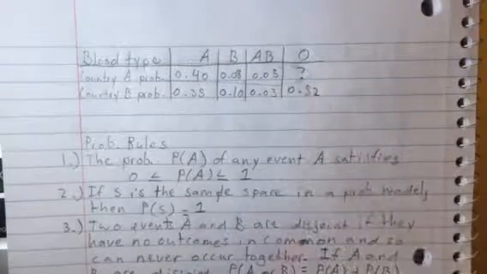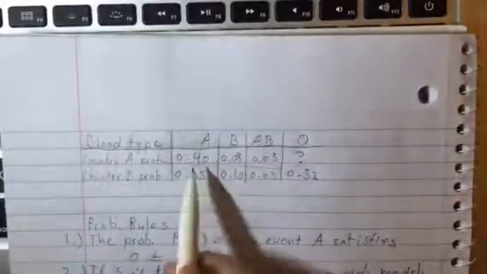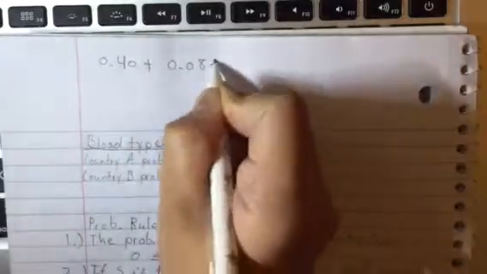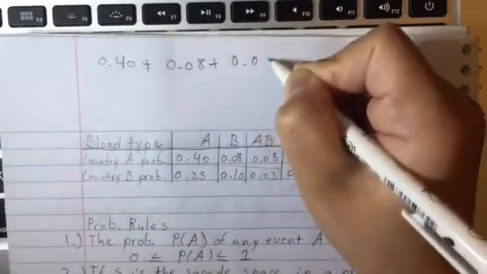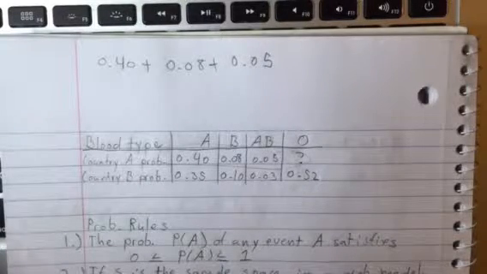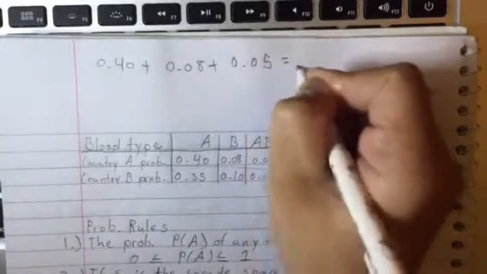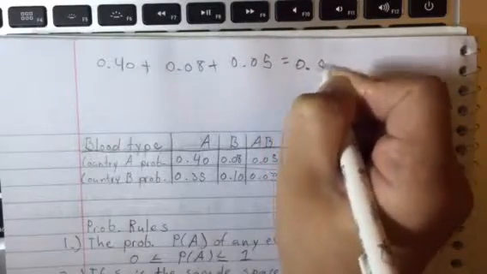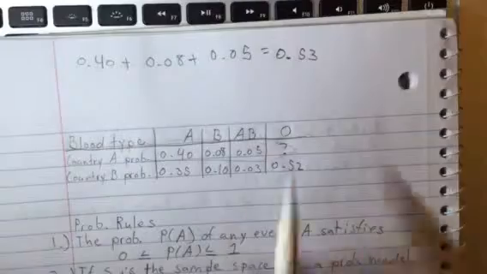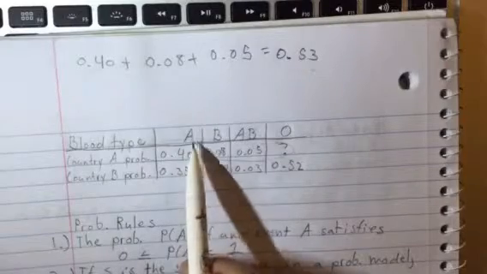To figure out what O is, you first add up all of these numbers: 0.40 plus 0.08 plus 0.05. Using my calculator, that equals 0.53. Yet this is not our answer, because 0.53 just tells you what blood types A, B, and AB add up to.